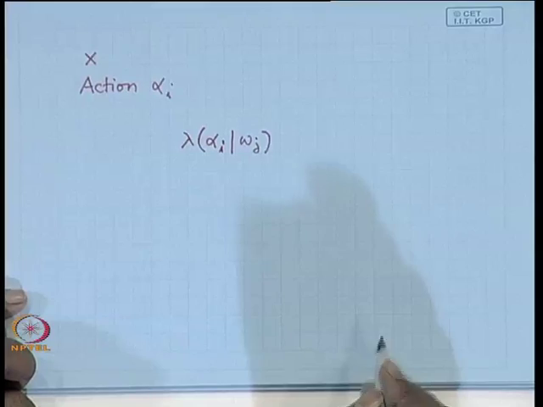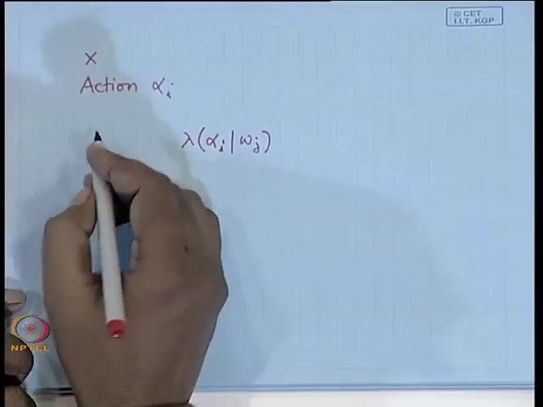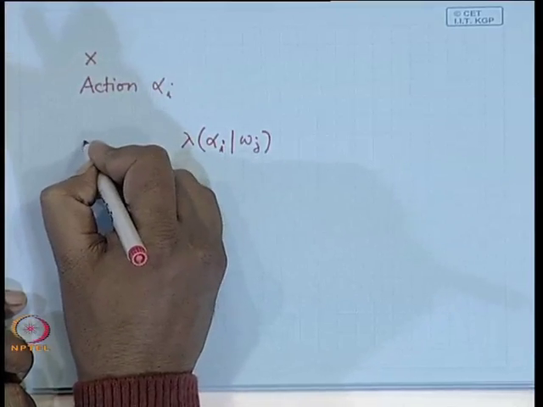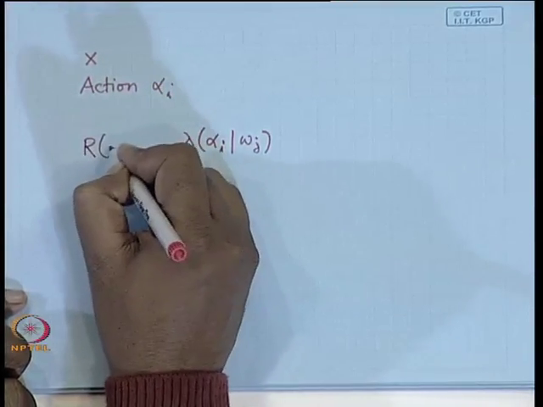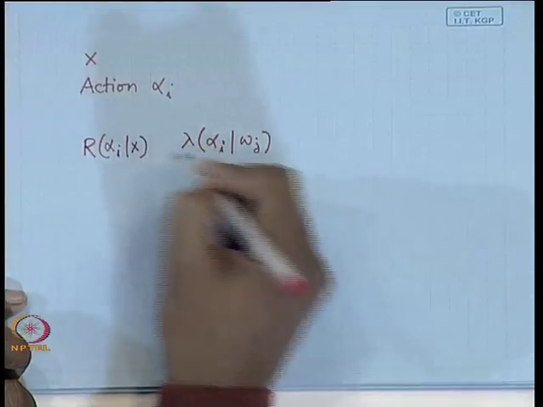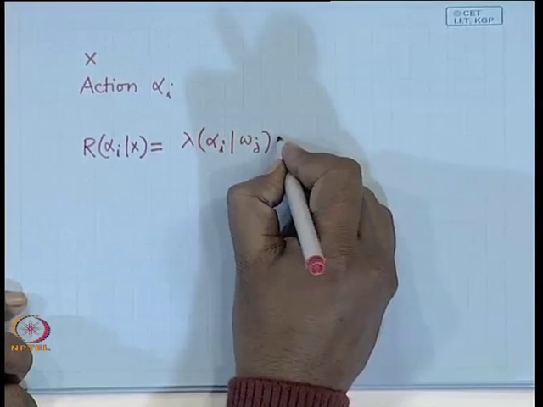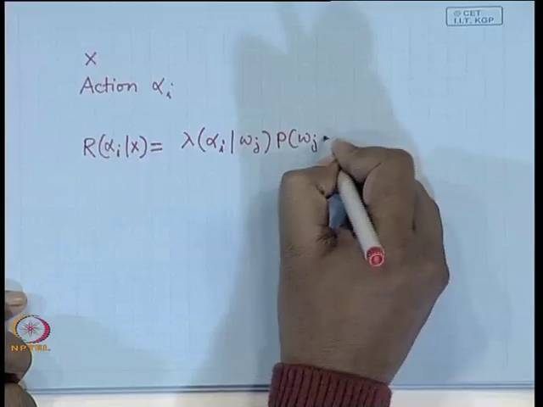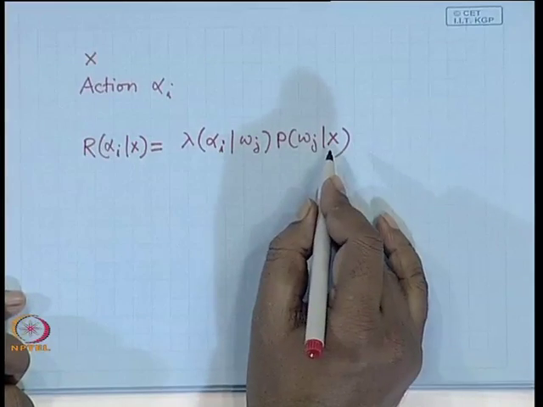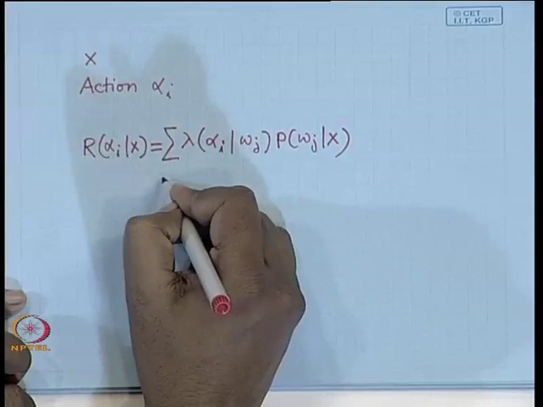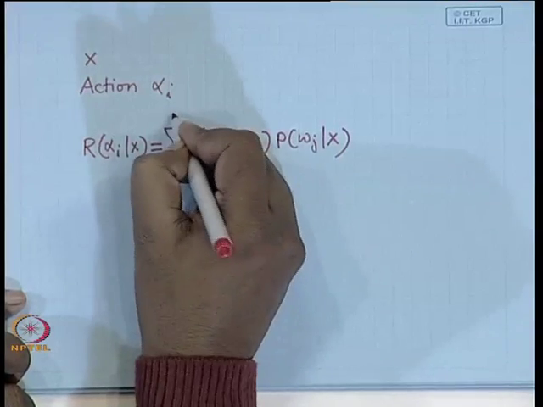And if the probability that the true state of nature is omega j given the feature vector x is p(omega j | x), then the average loss or the average risk can be computed like this: r(alpha i | x) is equal to lambda(alpha i | omega j) into p(omega j | x), where x is my observation vector, take the summation over j equal to 1 to c.